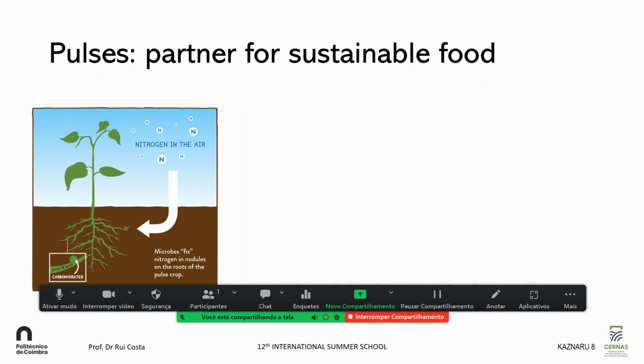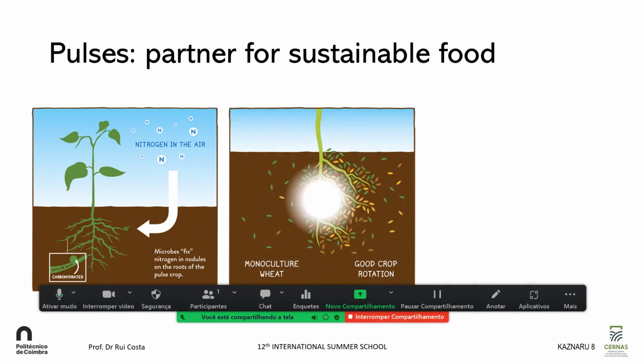So pulses are relevant for several reasons, not only for nutritional purposes, but also because they enable fixing nitrogen from the air to the soil. And this is a highly important characteristic that supports a good crop rotation. So it's good to alternate other crops with a legume crop that will enrich the soil in nitrogen, and so on.